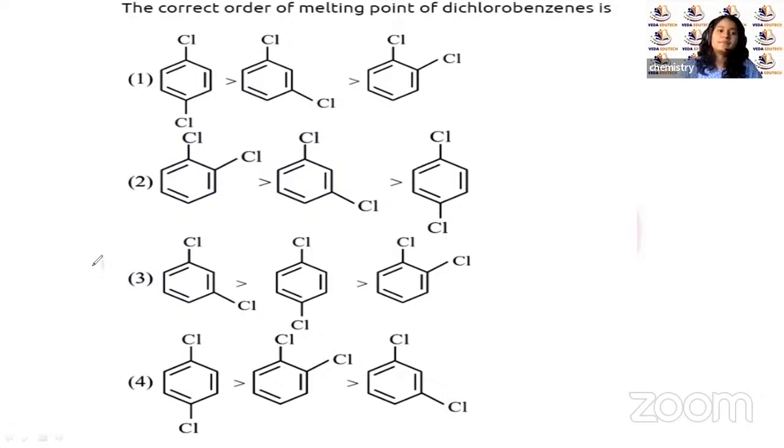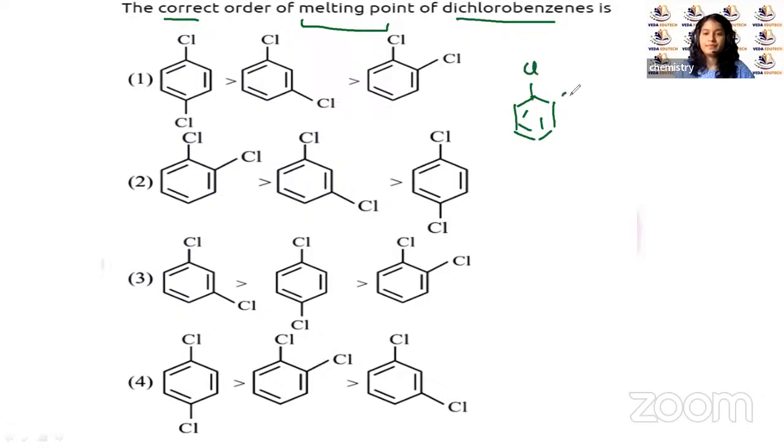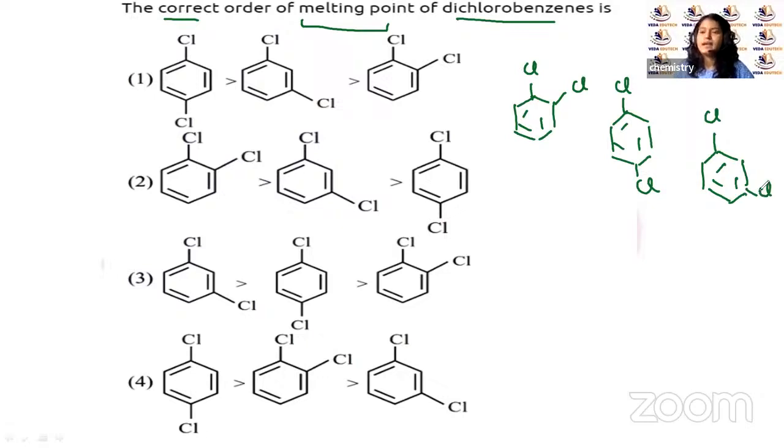It's given here: the correct order of melting point of dichlorobenzene. So we are given three types of dichlorobenzenes. One is your ortho, another is your para, and one is your meta. Right, children?